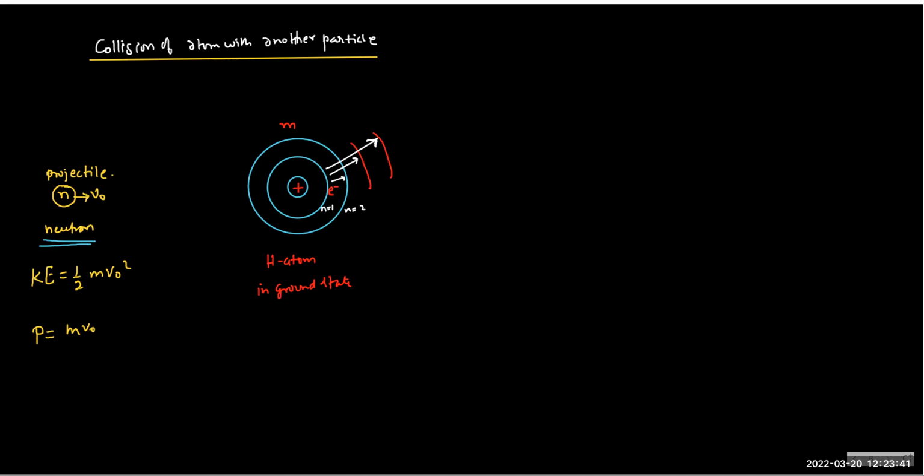Then how much energy must we supply to the neutron? Should it be E1 or more than E1? More than E1, definitely. So we need more than E1.